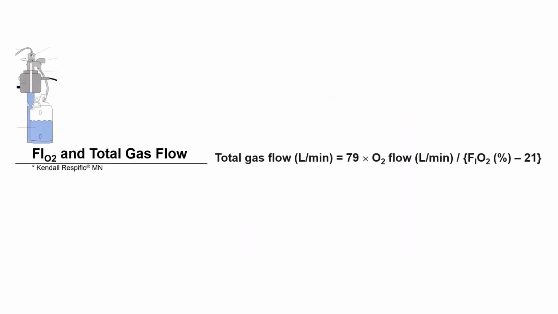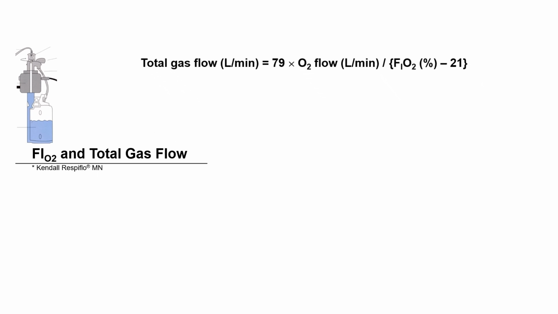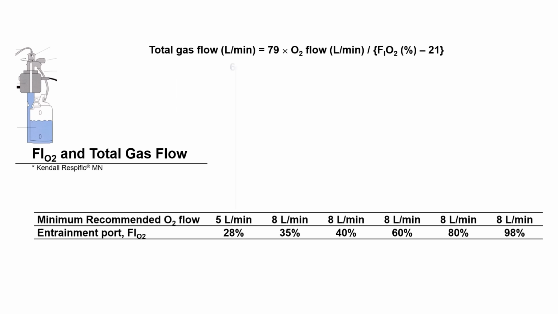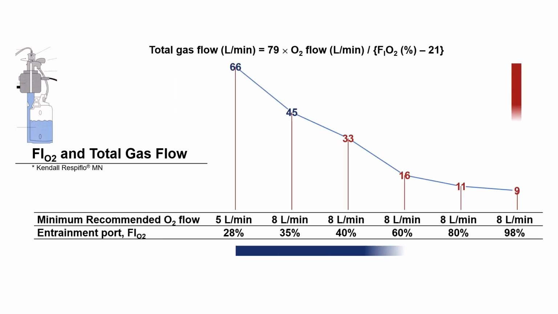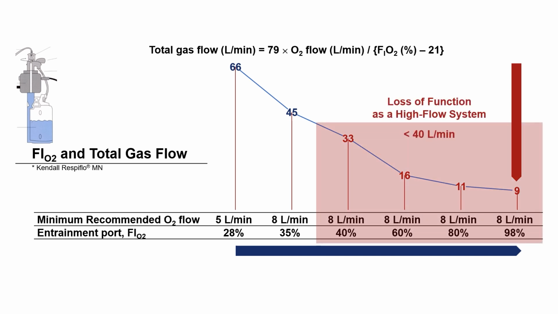The total gas flow for the commonly used air-entrainment nebulizer, the Kendall-Respiflow-Mn, is determined by the following equation. The same phenomenon occurs here as well. Whereas the FiO2 increases, the total gas flow decreases. However, a bigger problem arises when the FiO2 is at 40% with an oxygen flow of 8 liters per minute.